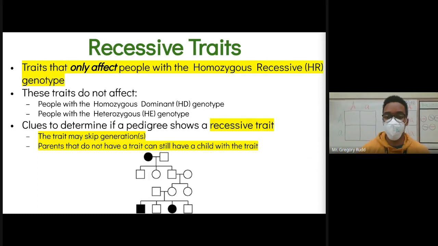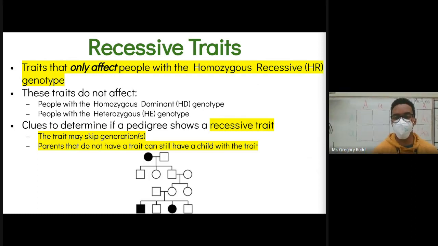So let's demonstrate that. I'll wait until people are done writing.